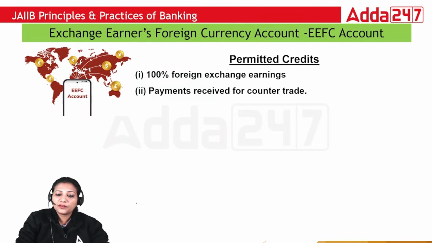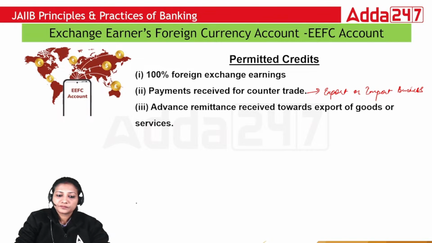It could be for payment received for counter trade. Counter trade could be any export or import business. Another is advance remittance received towards export of goods or services.